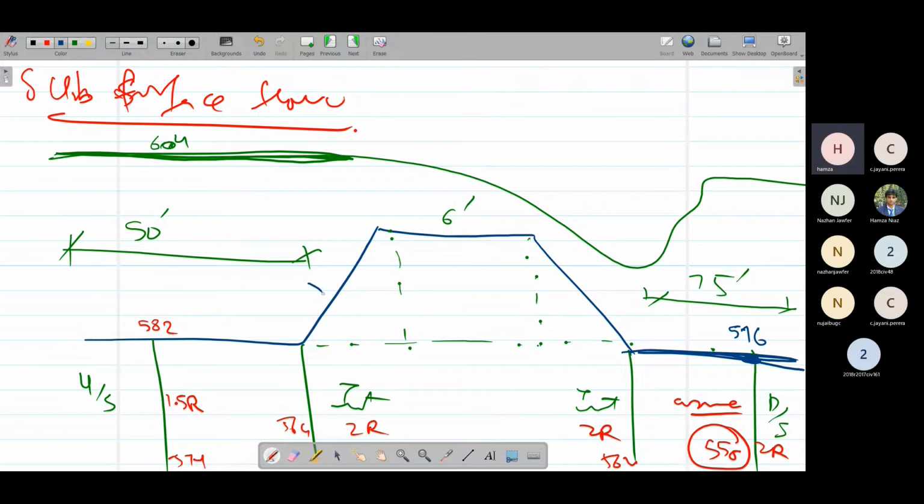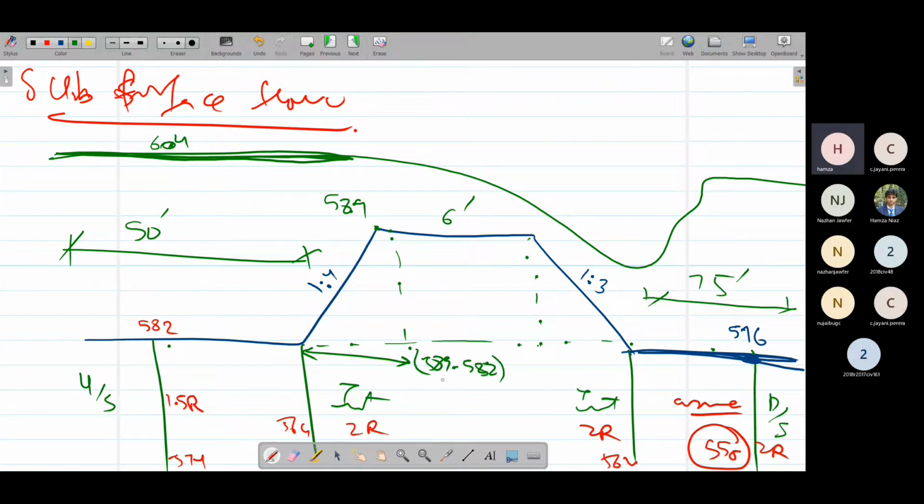We are assuming the upstream slope is 1:4 and the downstream slope is 1:3. These are slopes we assume. This crest level we assume is approximately 589. Simply subtract 582 from 589.